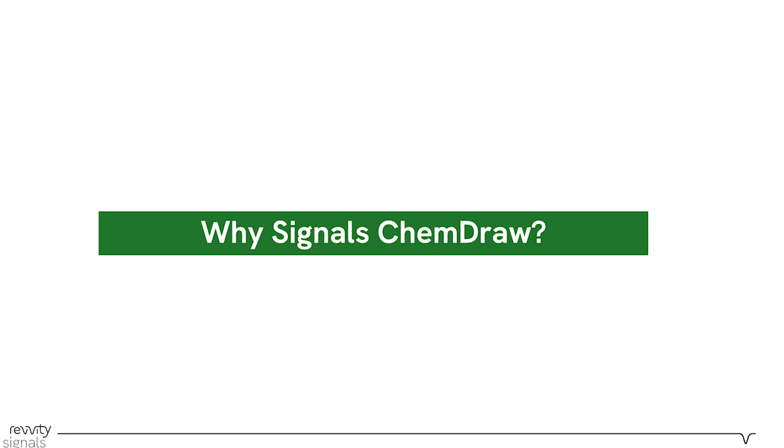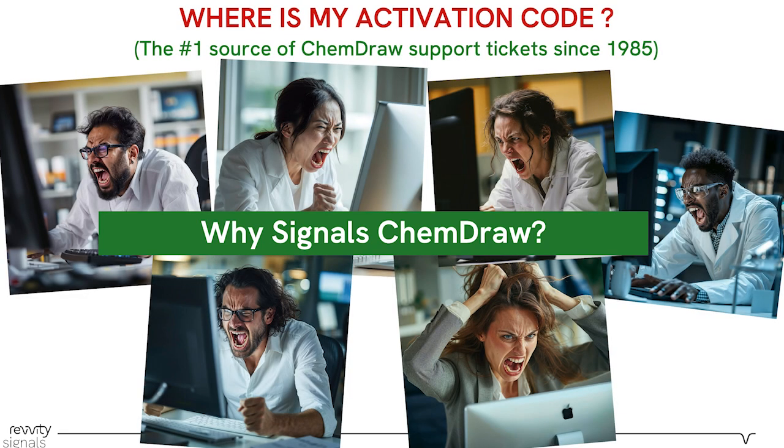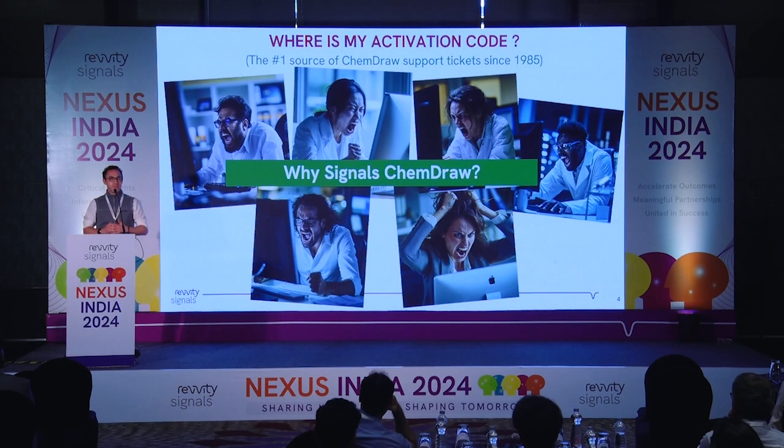Primary reason, why Signals ChemDraw? Isn't it amazing what generative AI can do? The number one source of support tickets for ChemDraw is not "this feature is not working" or "we need this feature," it is "where is my activation code?" I'm sure many ChemDraw users in the audience could relate.